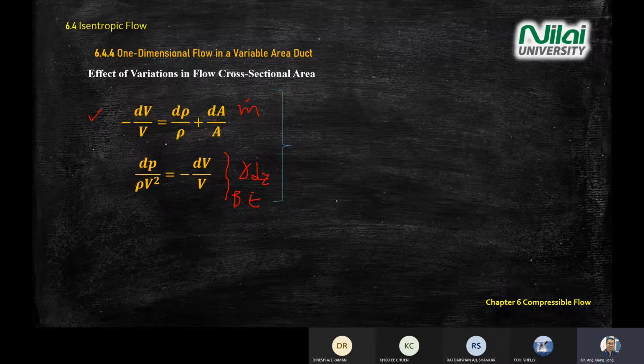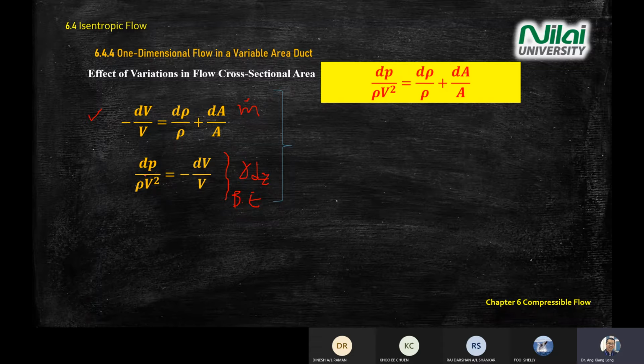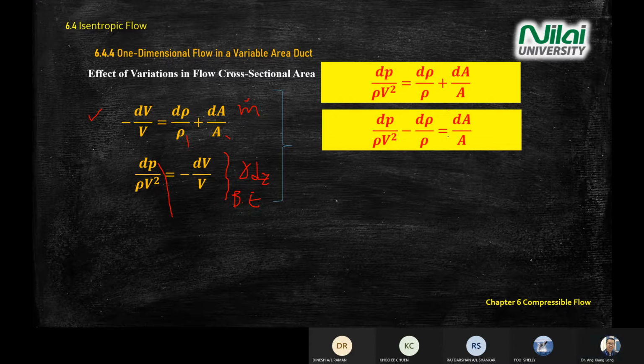You combine these two side by side, and you actually get the relationship between pressure, density, and area. That's why you can see the one that I highlight with the yellow rectangle here. So you can write dp over rho v square equal to density and area differentiation. And you move around the equation. This one, you move to the left, you get negative.